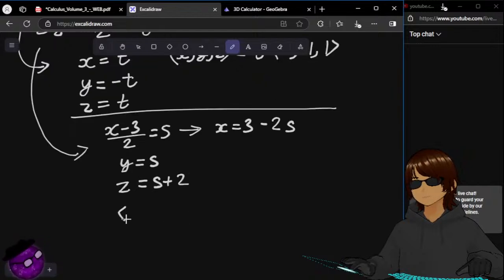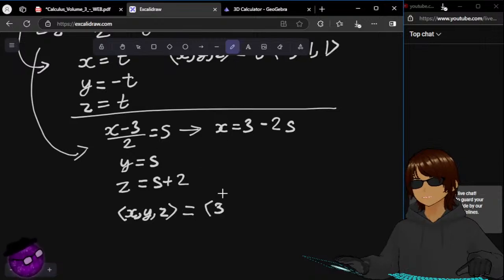So (x, y, z) is equal to (3, 0, 2) plus s(-2, 1, 1).